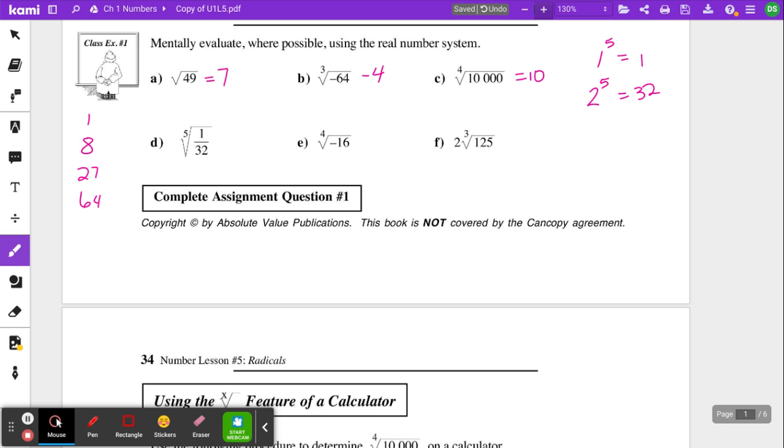So when I see this symbol over here, I'm thinking about the fifth root of 1 and the fifth root of 32. Just do them individually. What's the fifth root of 1? 1. What's the fifth root of 32? 2. Done deal. So you just take them apart and do it individually.